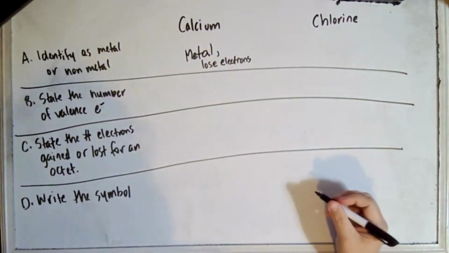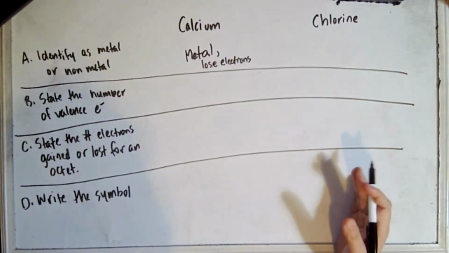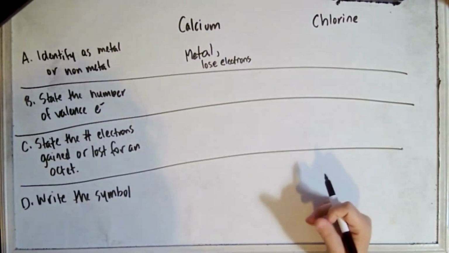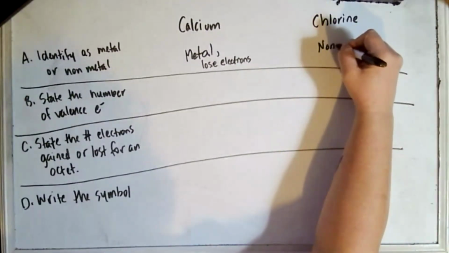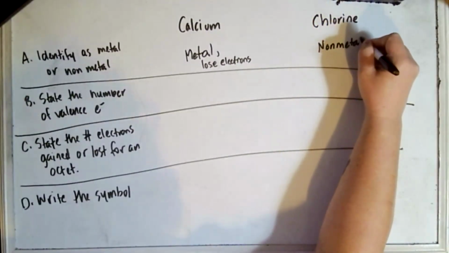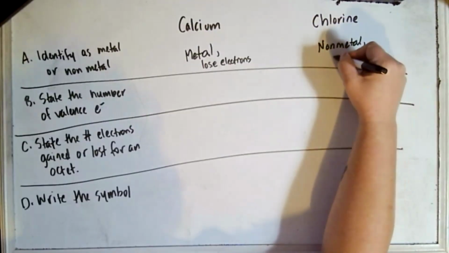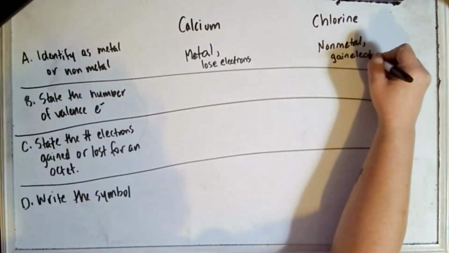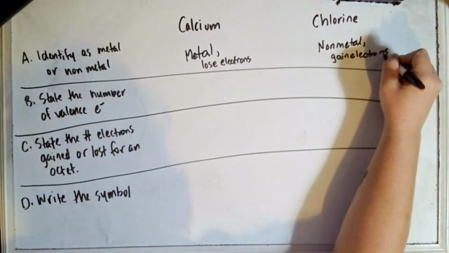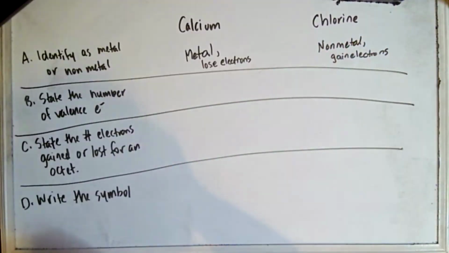Chlorine, on the other hand, is in group 7A in our halogen family, and that is going to be a nonmetal. And our nonmetals are going to gain electrons. That's going to help us out to answer these later questions.